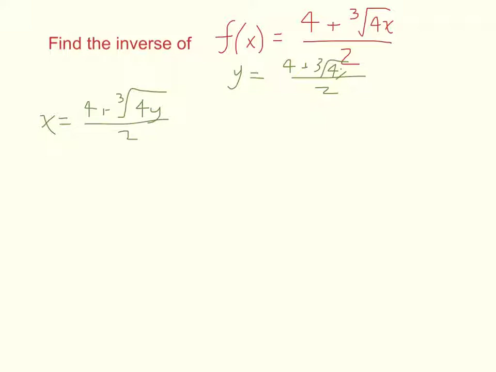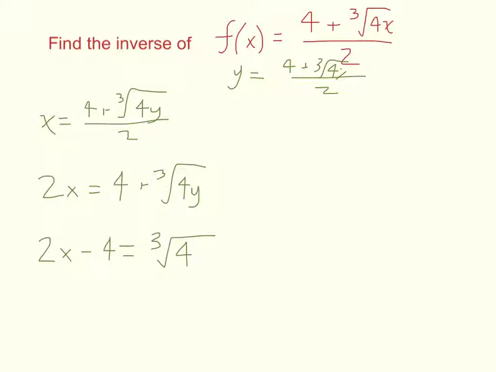Get rid of the over 2, so we get 2x equals 4 plus the cube root of 4y. Subtract 4, so 2x minus 4 equals the cube root of 4y.